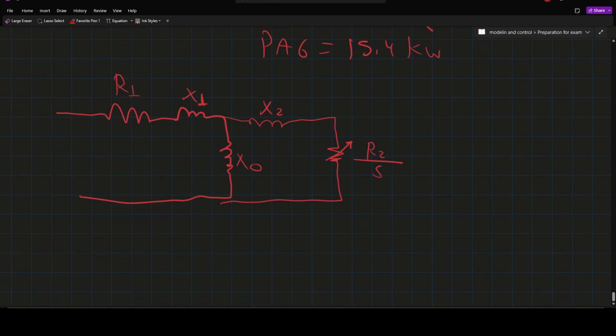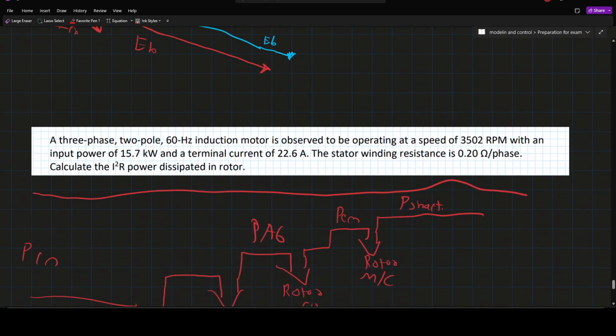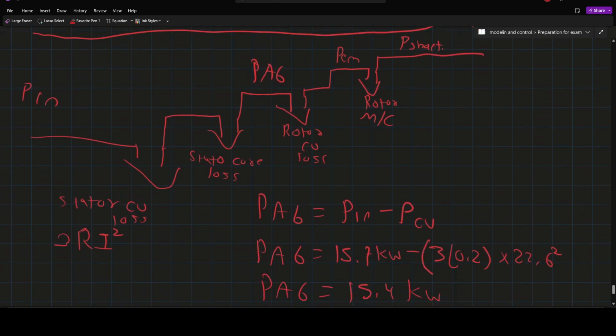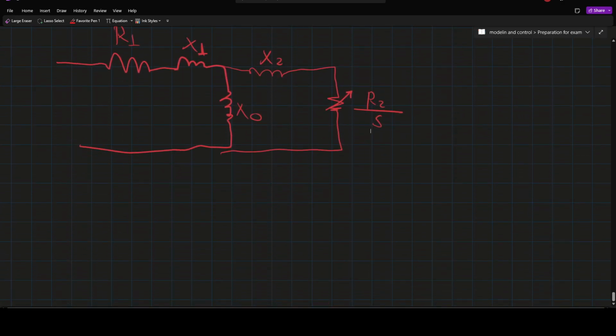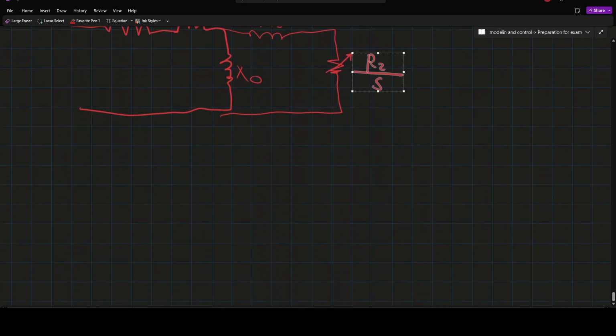So this is what we figured out last time. They are asking us to calculate the power dissipated in the rotor.